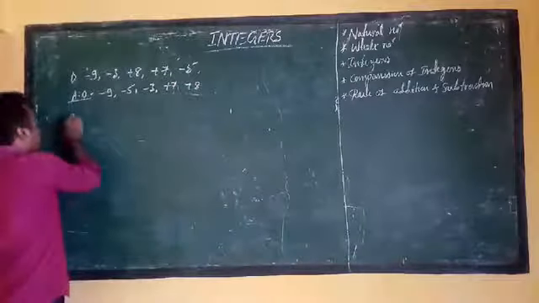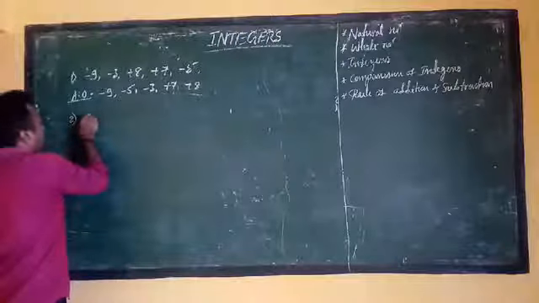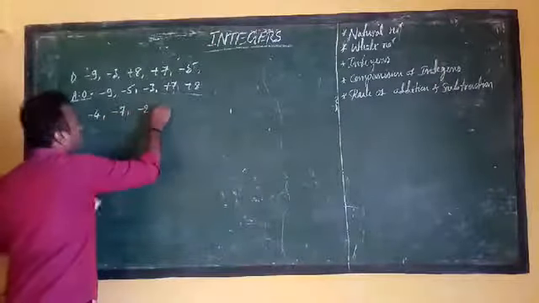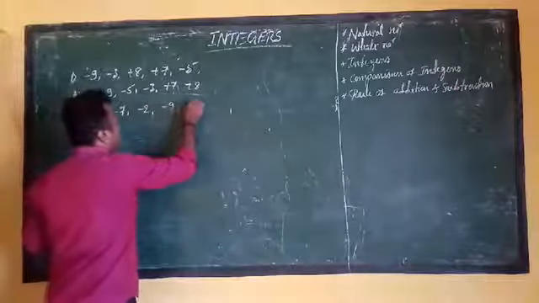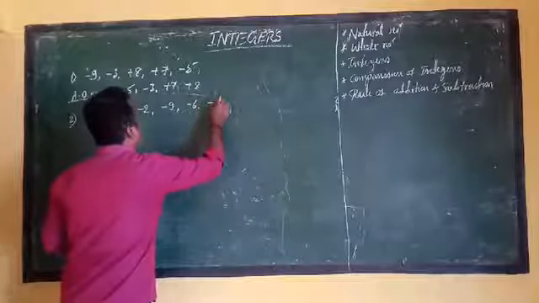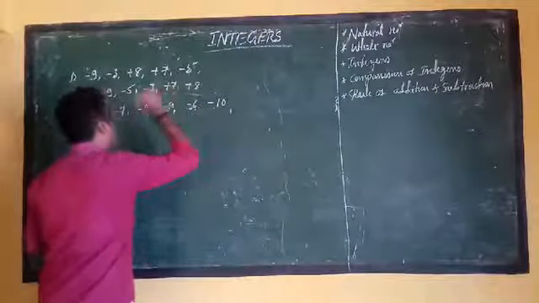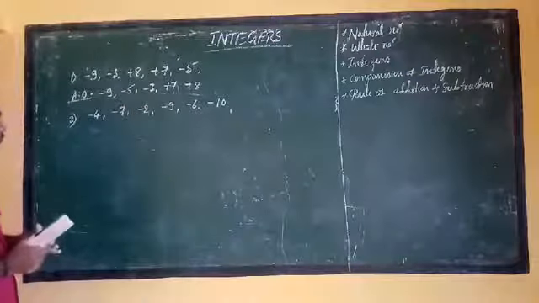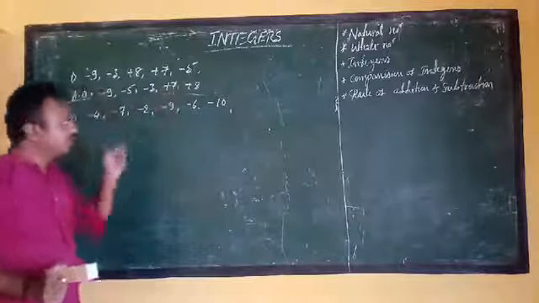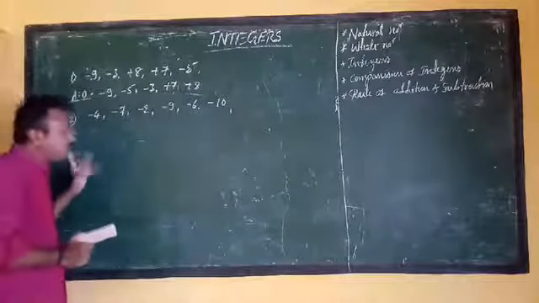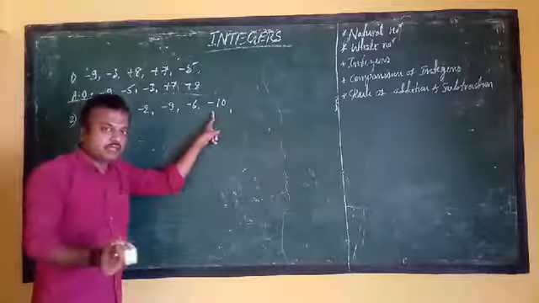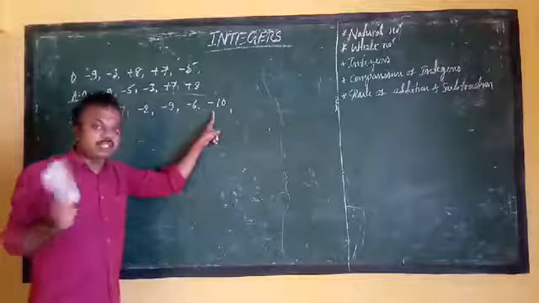Next, as a second example, I take minus 4, minus 7, minus 2, minus 9, minus 6 and minus 10. In this, all are negative integers. So when negative integers are given, be careful, because the highest negativity is the smallest value, and the smallest negativity is the highest value, correct?